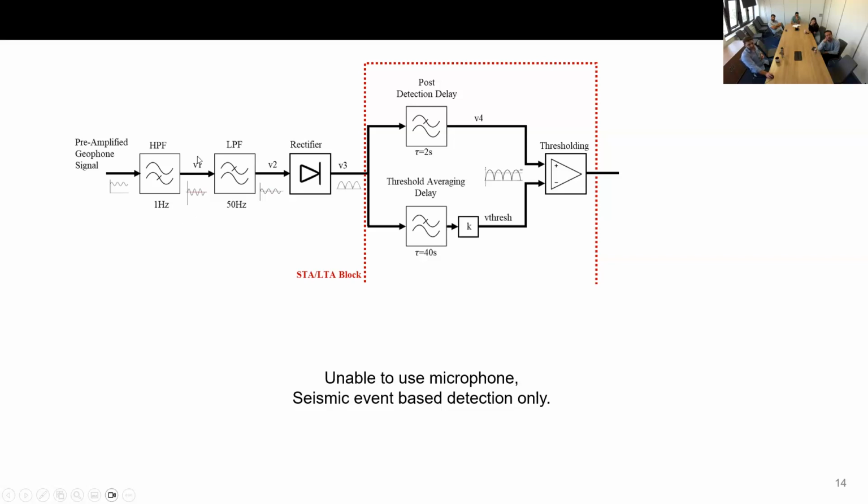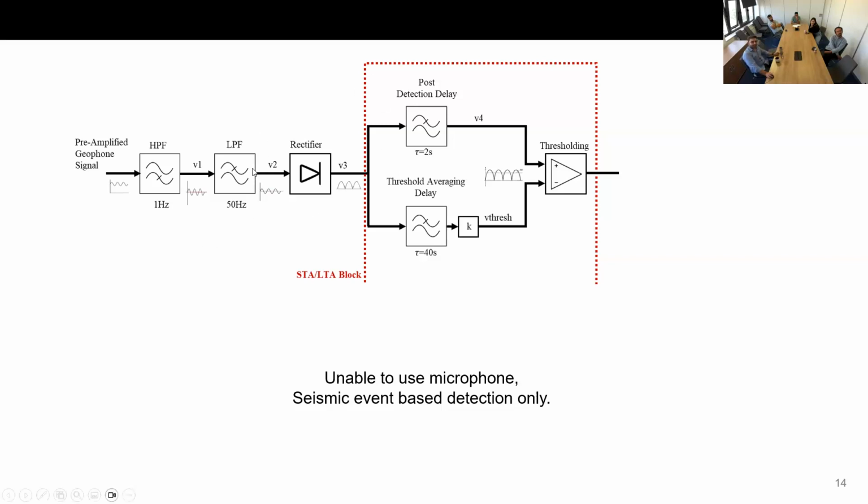And once the signal is sensed by the Arduino, the first thing we do is a high-pass filter that allows us to get rid of the DC offset, because we have a 1.65 volts DC offset as we are using a single supply op-amp.